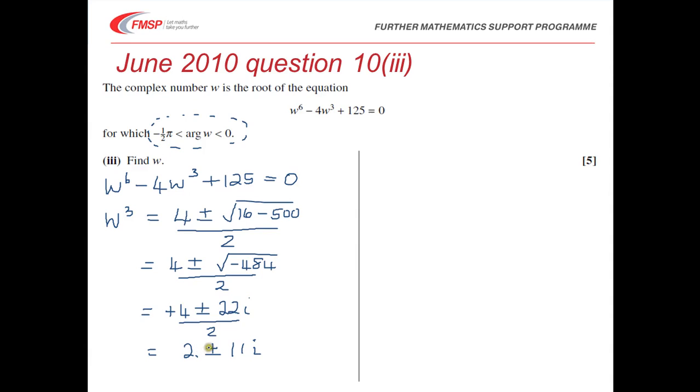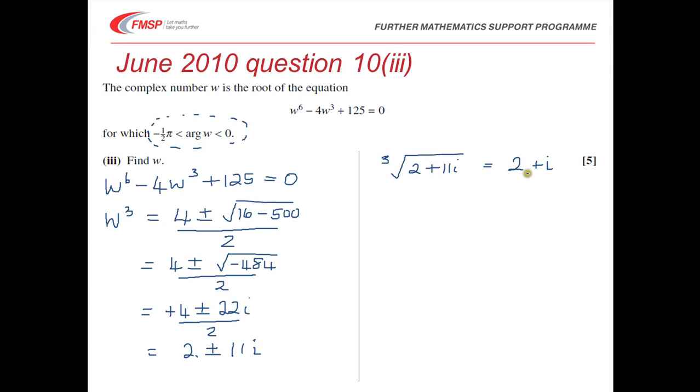So we now have w cubed, but we want to find w, or omega. So we know from what we did earlier that the cube root of 2 plus 11i is equal to 2 plus i. So if you remember the results that we got from part 1 for z, and then we multiplied it by z squared to get 2 plus 11i.